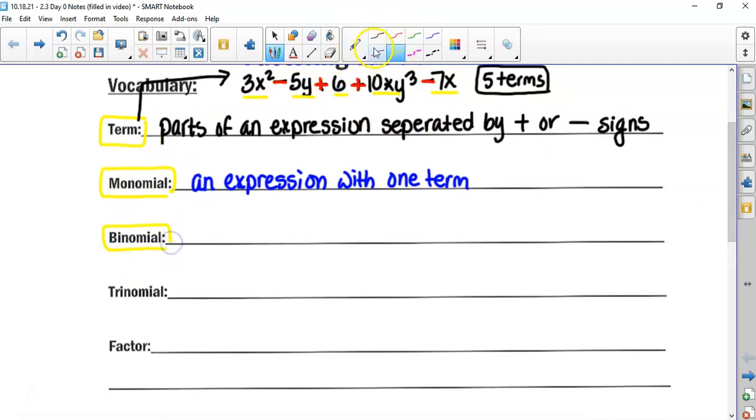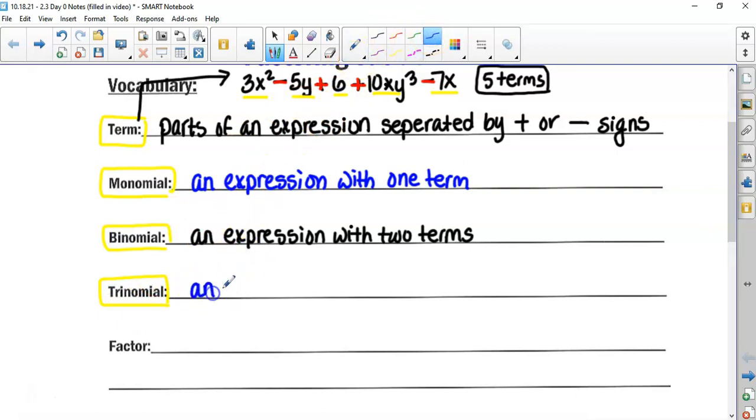A binomial is an expression with two terms. A trinomial is an expression with three terms.